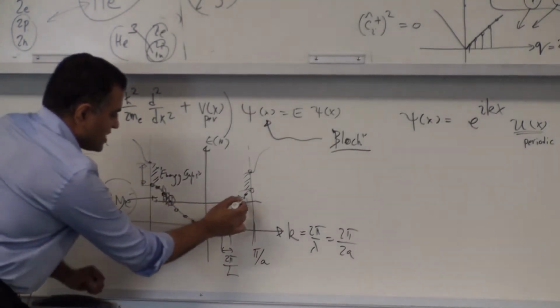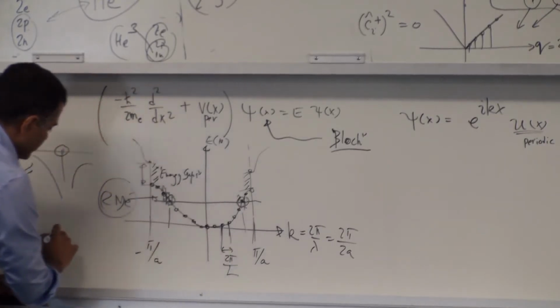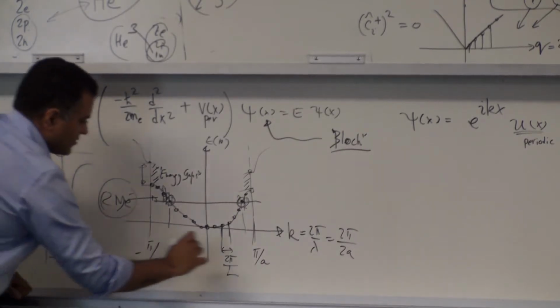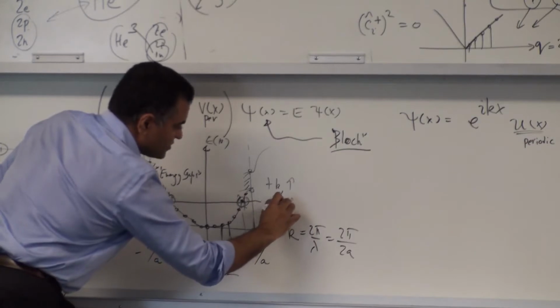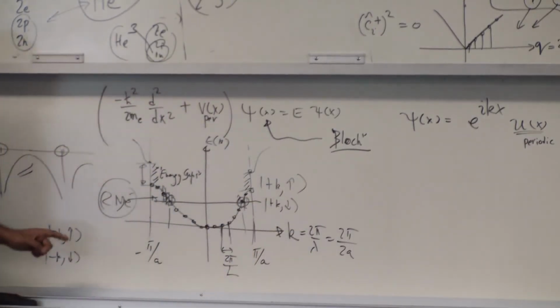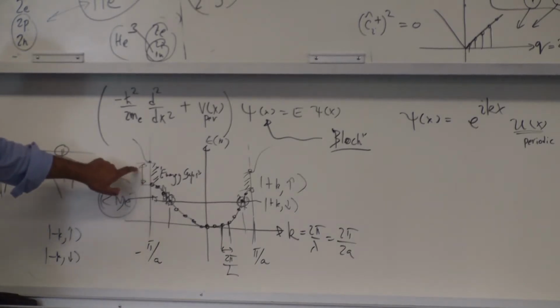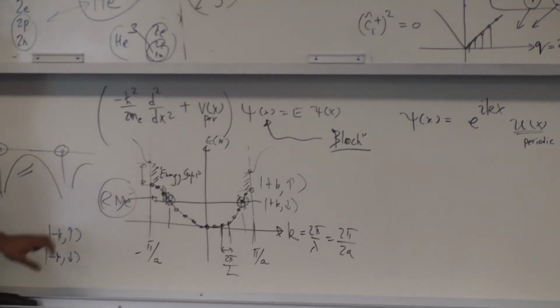What I'm trying to say is you have 4 orbitals here with minus k, plus k. I can write it as minus k comma spin up, minus k comma spin down, and plus k comma spin up, and plus k comma spin down. So there are 4 orbitals really, and it just so happens that all of them have the same energy in this situation.